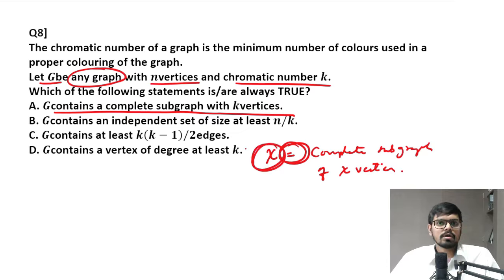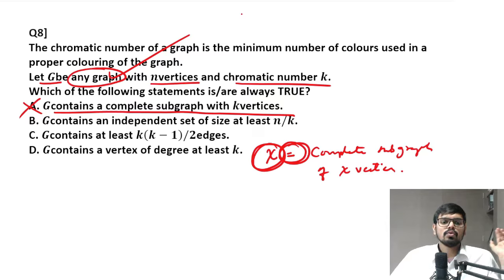We never got theorems saying the chromatic number is equal to something. We always got that the chromatic number is greater than or equal to something, or less than or equal to something, but never equal to something. So by that simple observation, I can say that saying equal for any graph, this is not some specific graph condition, for any graph you are talking about, equal never comes. For that simple observation, I will say the option is incorrect.